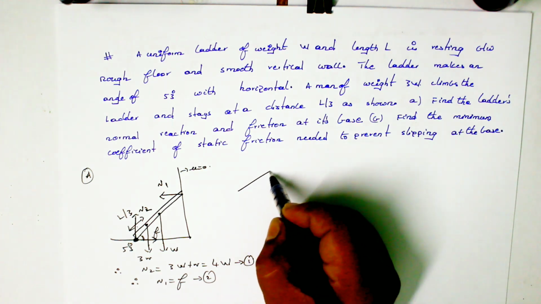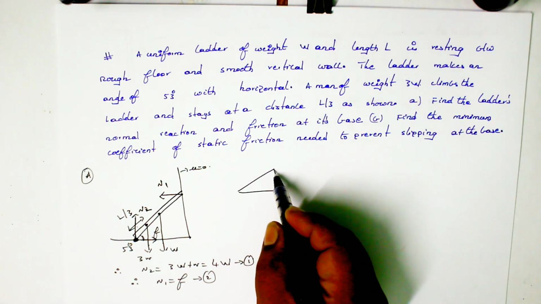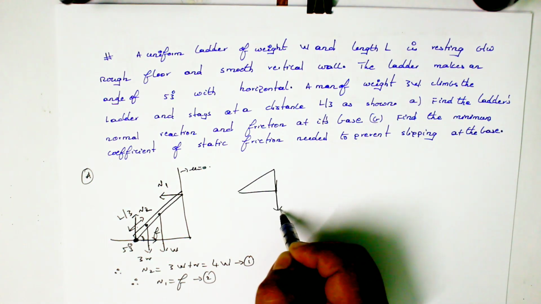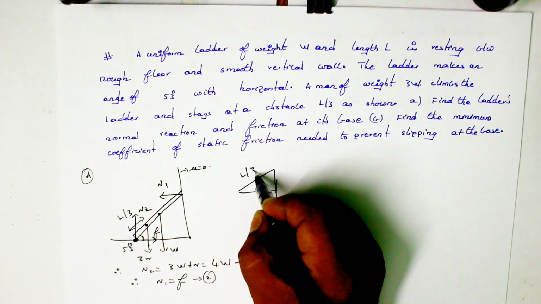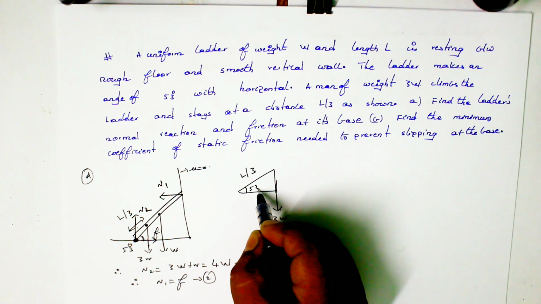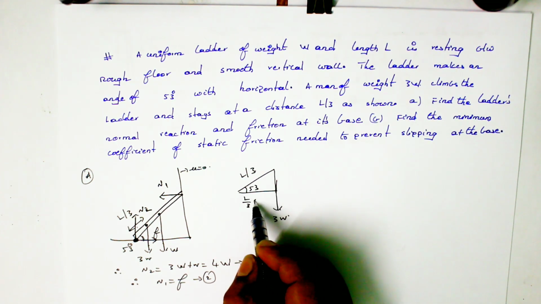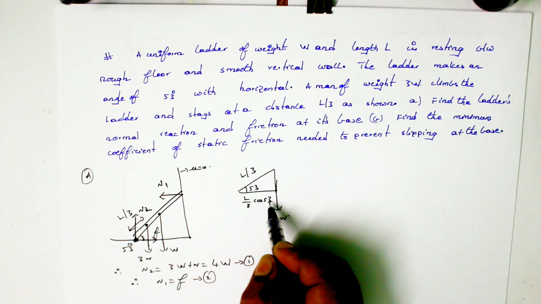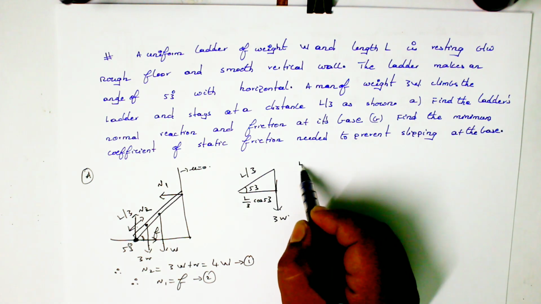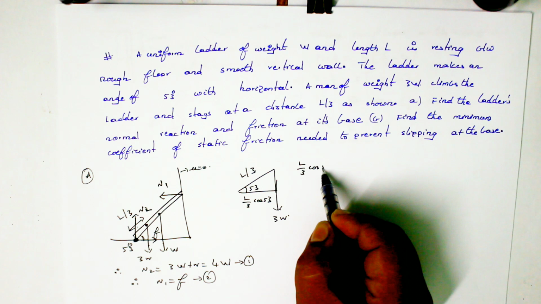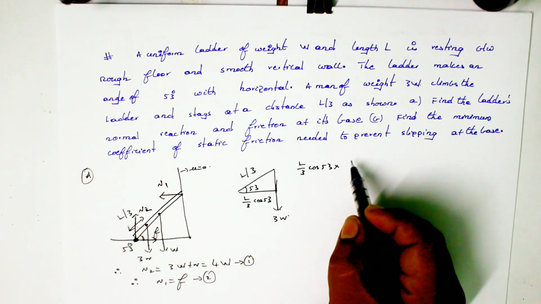If I redraw this diagram, the force 3W is acting in this direction, this length is L by 3, and if this angle is 53 degrees, then this is L by 3 cos 53. So the torque due to 3W is L by 3 cos 53 into 3W, length into force.